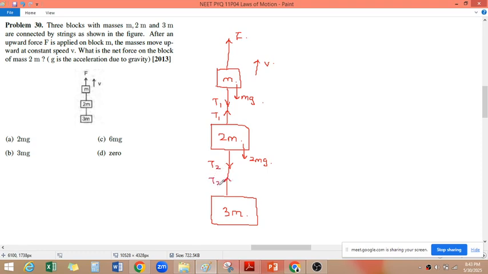And this tension 2 is acting upwards. And this 3mg is acting downwards. That's all. Any doubts here? This is where many of you will have confusion. If you know how to write this, the problem is over. If you don't know how to write this, you cannot do this problem.